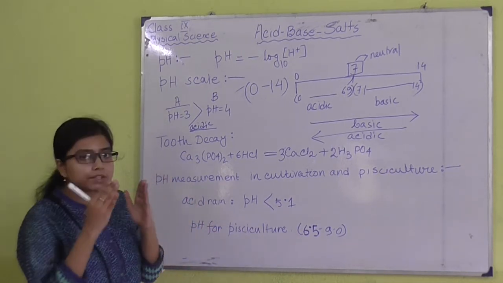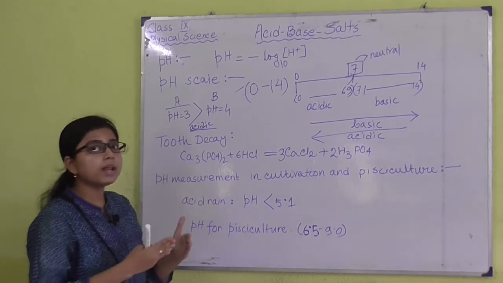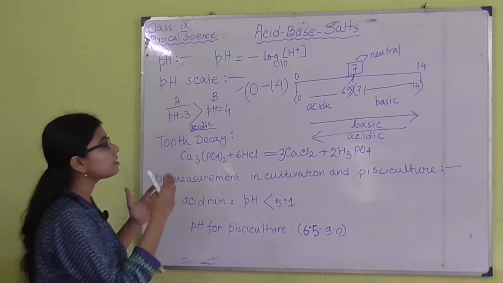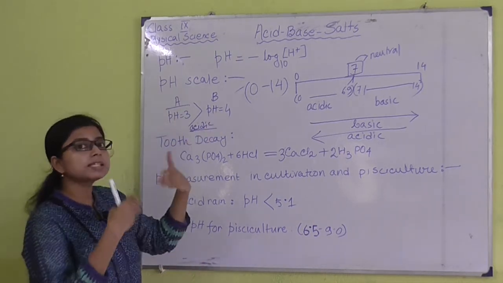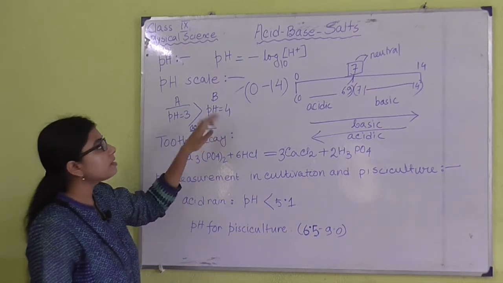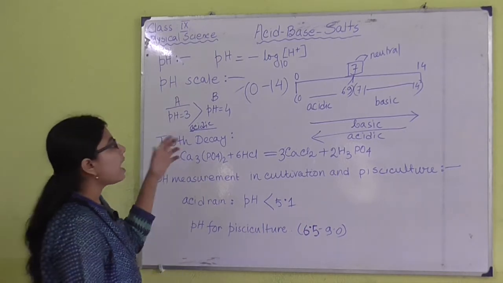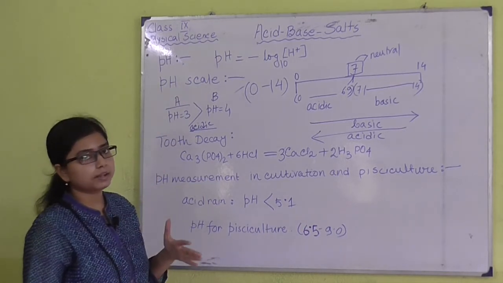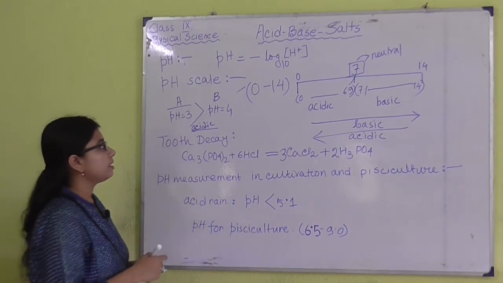Where the pH value is less, there we consider that there is more amount of H+ ion, that means the solution is more acidic in nature. And where the pH value is higher with respect to the other solution, that solution contains less amount of H+ ion, and that means it is less acidic. So this is our pH concept.